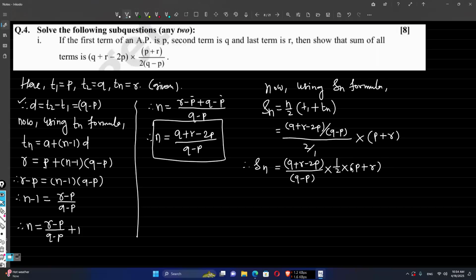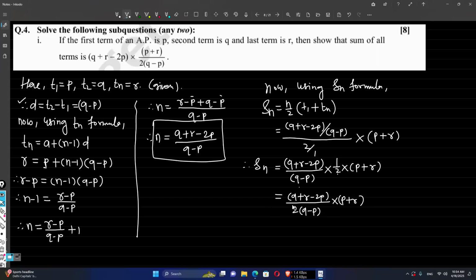Now let's simplify this as (Q plus R minus 2P) divided by 2 times (Q minus P), times (P plus R).